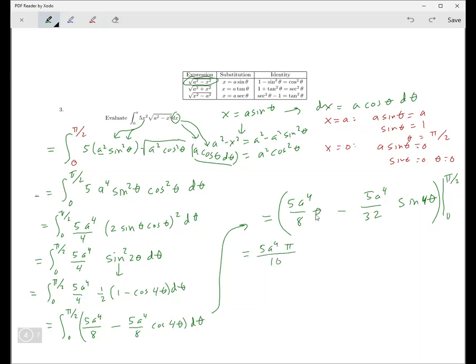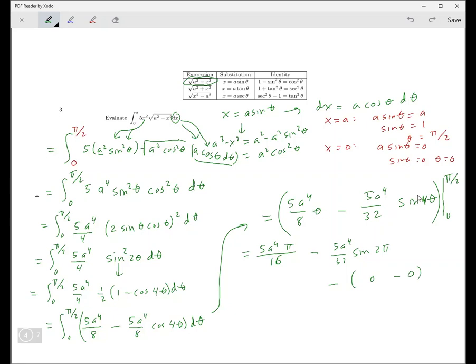Okay, so I plug the pi over 2 in for theta. So pi over 2 here gives me theta, pi over 16 now, because I'm multiplying this 8 by a 2. Okay, and then when I plug in, I get sine of 4 times pi over 2, which is going to give us 2 pi. Then subtract, plug zeros in.